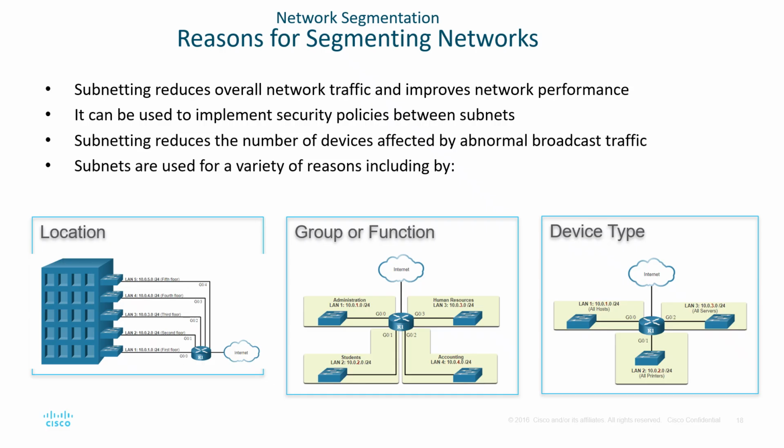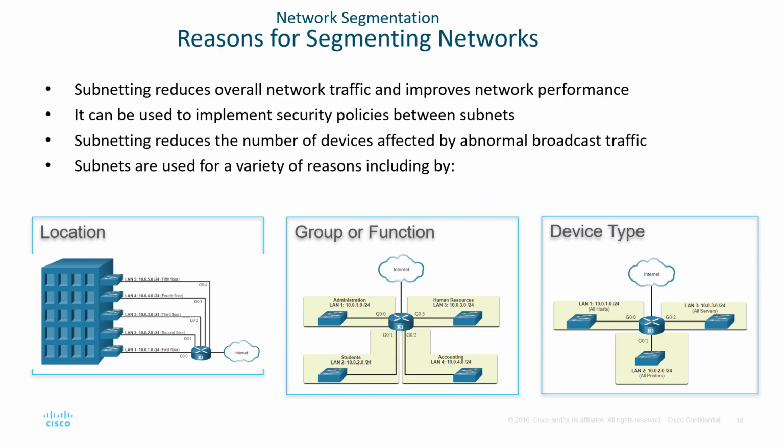So in this first example, I am subnetting according to floor. So each floor of this building is its own subnetwork. I could subnet according to group or function. So here I have 4 different subnets, one for the administration, one for human resources, one for students, and one for accounting.